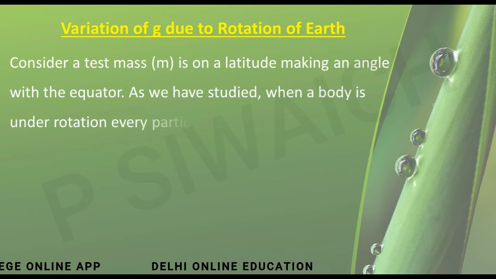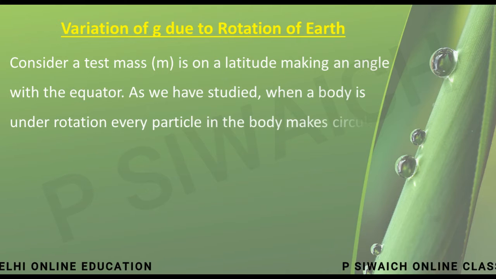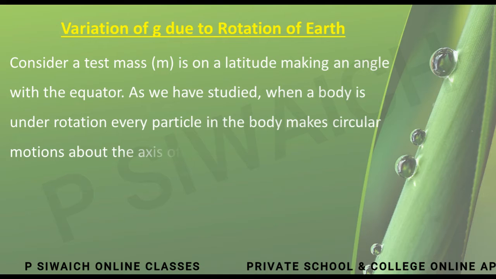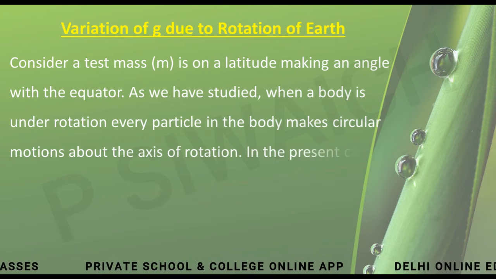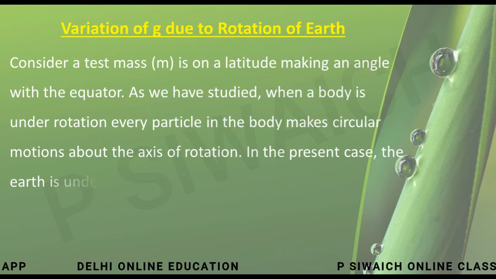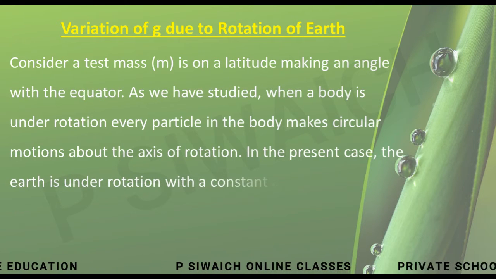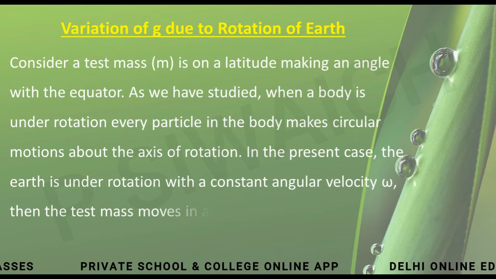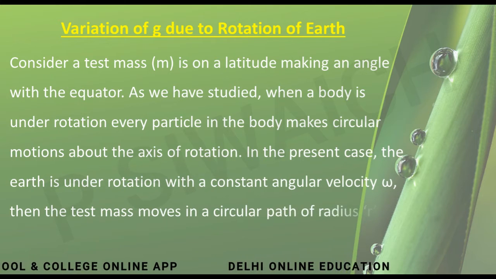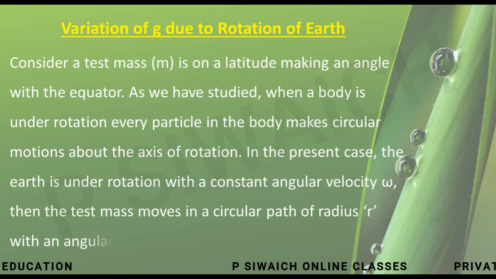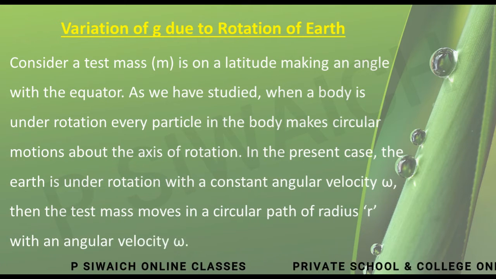As we have studied, when a body is under rotation, every particle in the body makes circular motion about the axis of rotation. In the present case, the earth is rotating with a constant angular velocity ω. Then the test mass moves in a circular path of radius r with angular velocity ω.